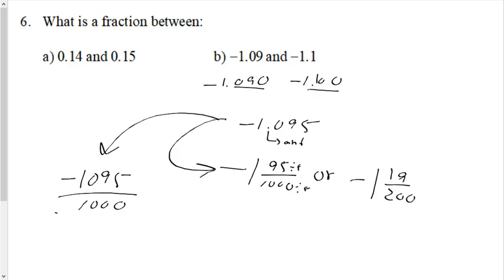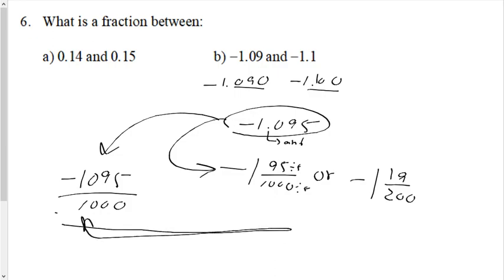No, because how do you read this? How do you read that? Read it to me, Riley. Okay, read it to me. Sophie? Thousandths. Which one of those here says negative 1 and 95/1000? No, it's not. It's, well, whatever.